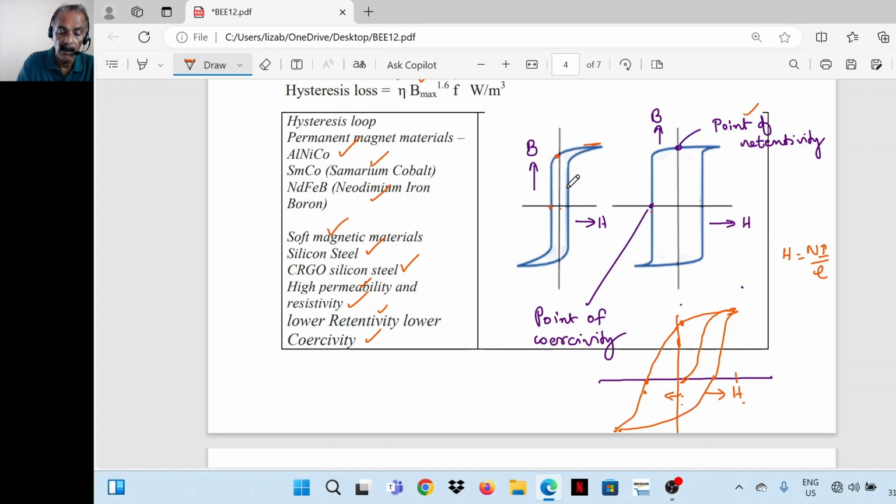The loop is thinner, so lower coercivity. The area of the hysteresis loop is proportional to the hysteresis loss, so we prefer a material having a thinner hysteresis loop for the construction of transformer cores.